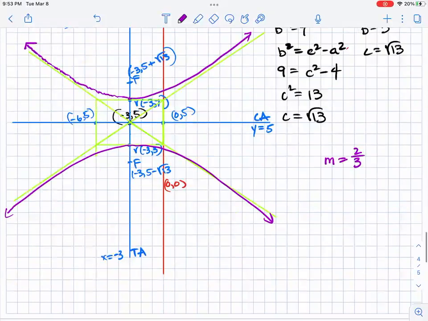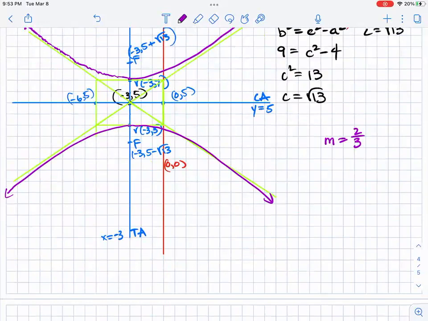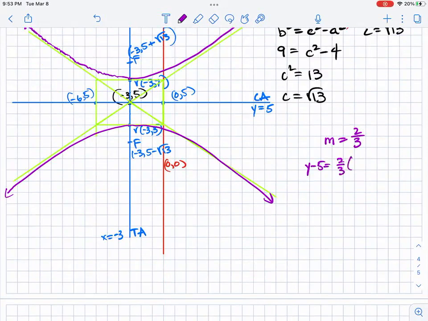In order to find the equation of the line, I'm going to use point slope form. So y minus 5 is equal to my slope, x minus -3. This is my center. It's on that asymptote. So I could use this one, I could use this one, I could use this corner, but it's easiest just to use that center.